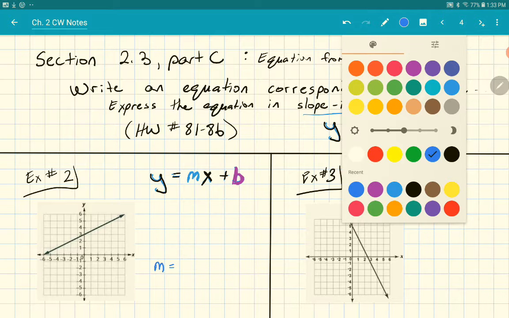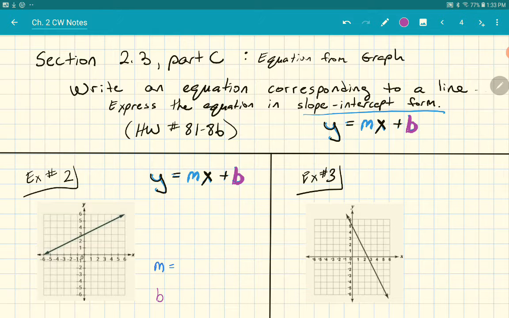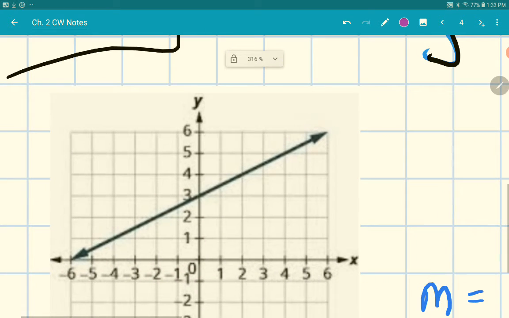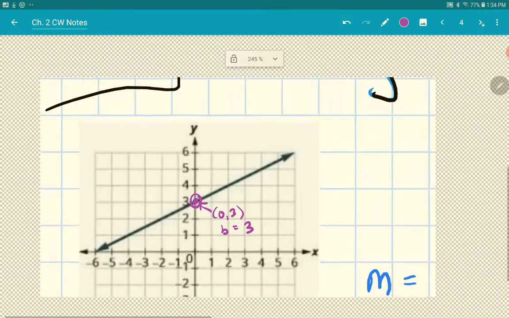Actually, let's start with b because that one's a little clearer on this graph. So b is the y value where it crosses the y-axis. So here it's crossing at x is 0 and y is 3. So b equals 3.